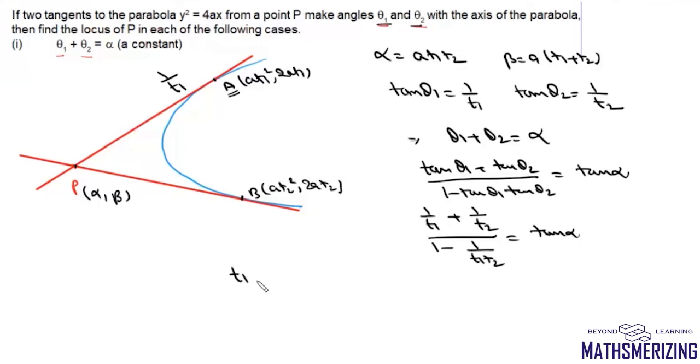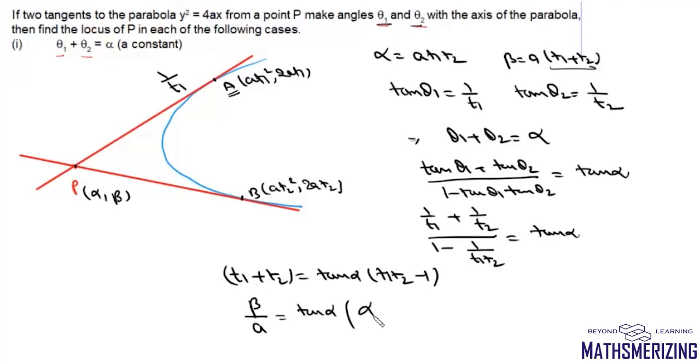So we can write it as t1 plus t2 is equal to tan alpha times (t1 t2 minus 1). Now what's t1 plus t2? It is beta upon a. So we can write it as beta upon a equals tan alpha. And what's t1 t2? It is alpha upon a. So it is alpha upon a minus 1.